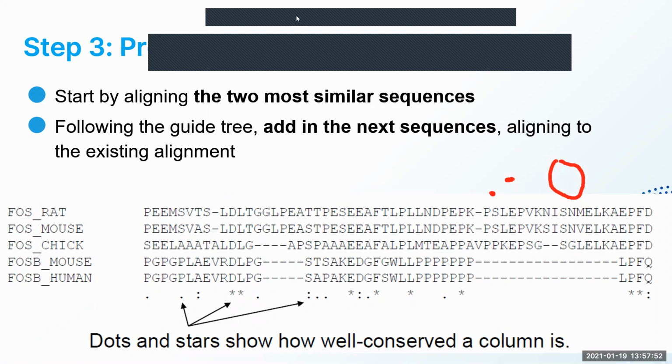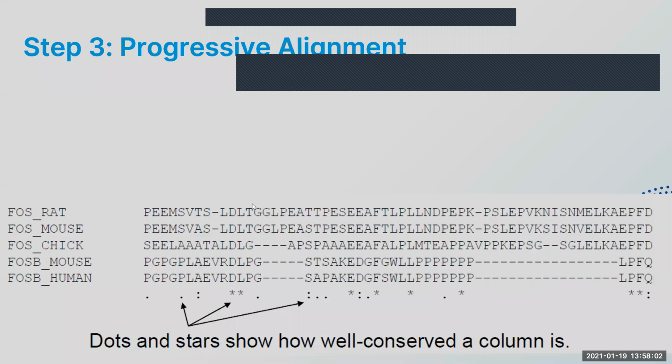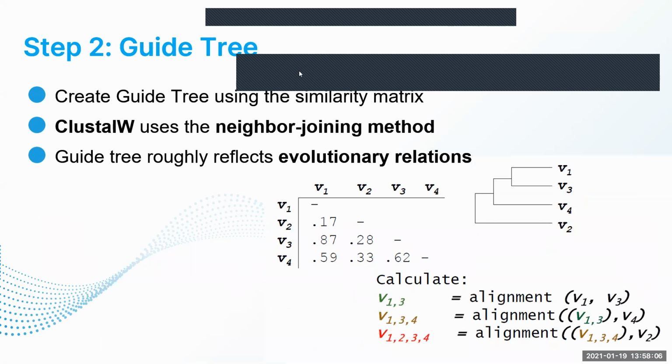Here, we align those sequences based on that tree. First, V1 and V3 are the closest, so we first align V1 with V3 and call this V13, 1 comma 3.